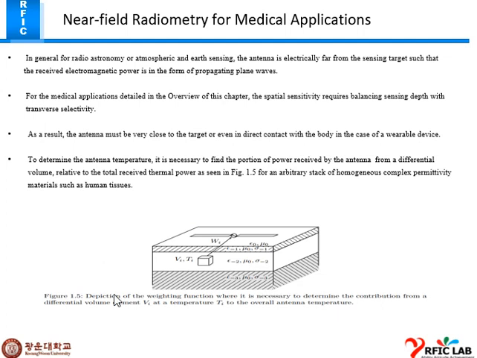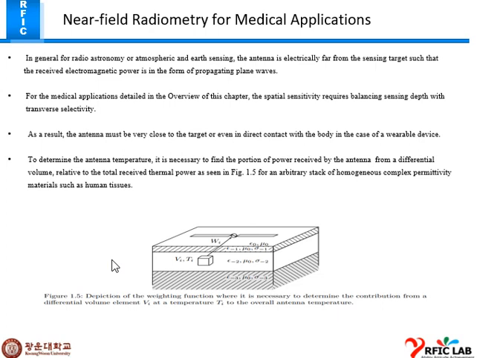the case of a wearable device. To determine the antenna temperature, it is most important and necessary to first find the proportion of power received by the antenna and then the differential volume relative to the total received thermal power for an arbitrary stack of homogeneous complex permittivity materials such as human tissues.